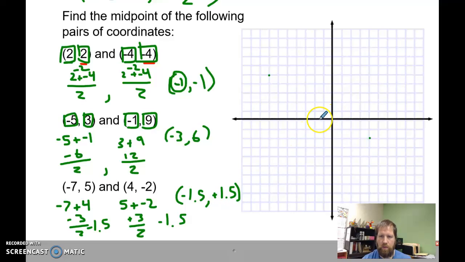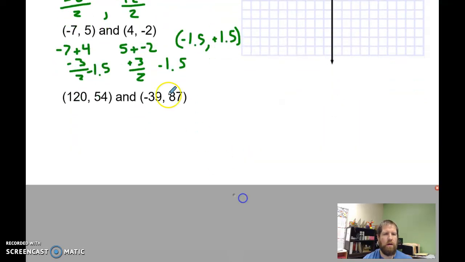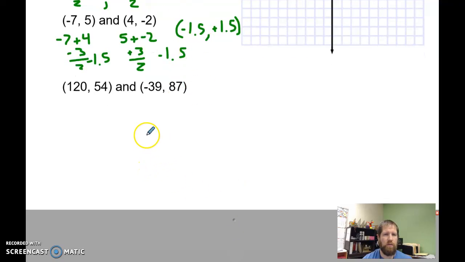Okay, negative 1.5 for my x value and a positive 1.5 for my y value. So right there, it doesn't land on a nice intersection, but this should be my midpoint between those 2 points, or my midpoint on the line that goes between those points. It's nice to be able to graph it, but you won't always get numbers that let you do that. That's why the formula is so important.